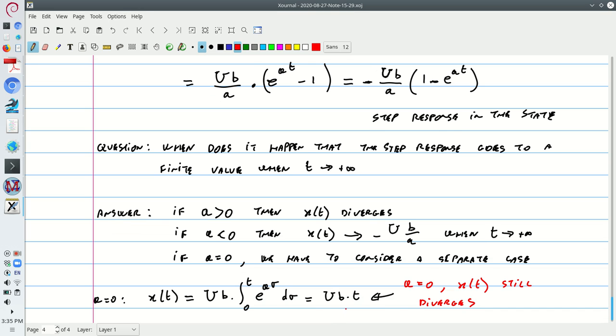We could actually see what the behavior of the step response is according to different values of the parameter A. As we can see, the parameter B plays a very marginal role because it's just scaling the intensity of the response by a factor B.